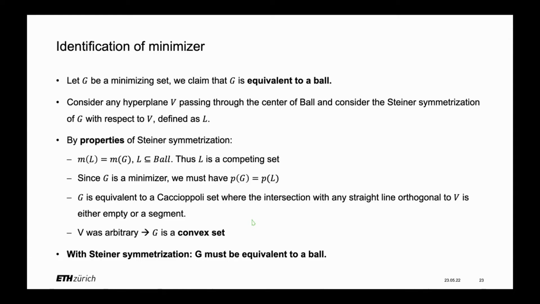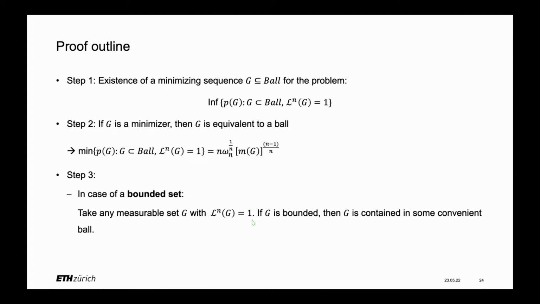Okay, so this is already the brief idea of the proof. Let's sum it up. In our first step, we have to show that there is a minimizing sequence where G is contained in a ball for the problem of the infimum of the perimeter of G, where G is contained in a ball and the measure of G is equal to 1.